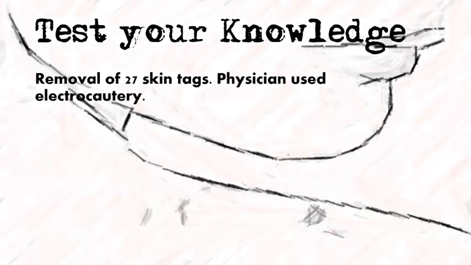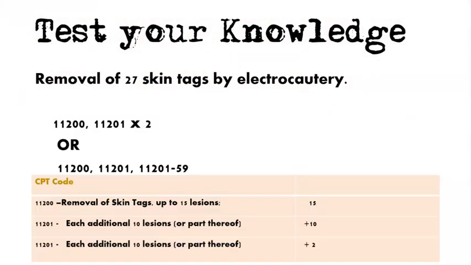How would you code for removal of 27 skin tags by electrocautery? If 27 skin tags are removed, the codes are 11200 and 11201 times 2.